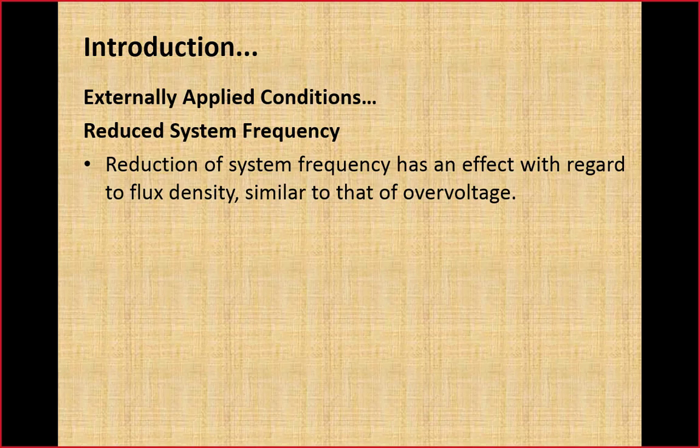So it means that the transformer is experiencing a reduced voltage at reduced frequency. So this type of reduced frequency fault may occur only to those transformers which are directly connected to the power generators. And these transformers are known as GSU, generator step up transformers. So that fault can occur over there.